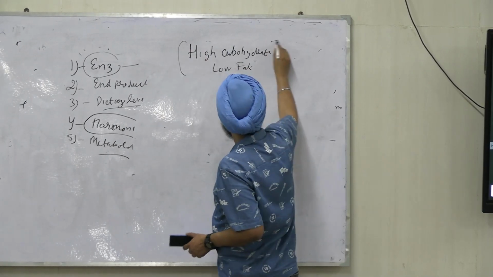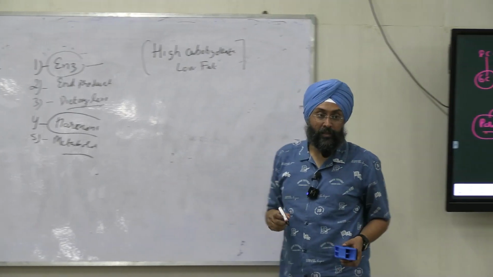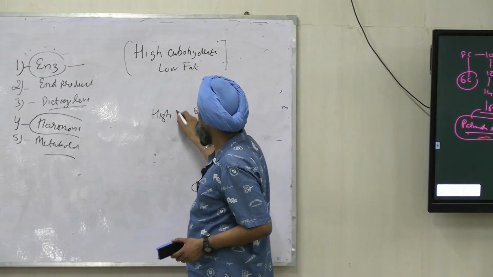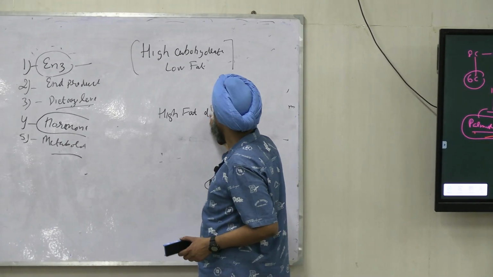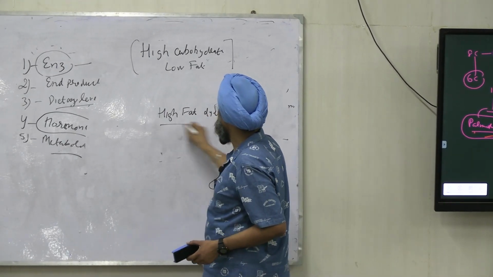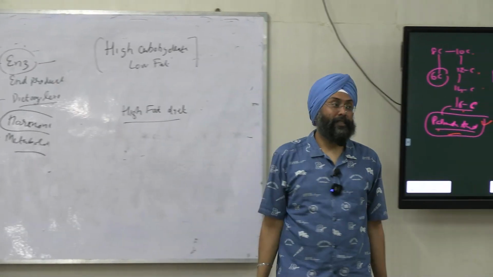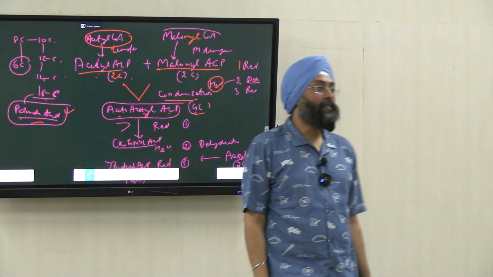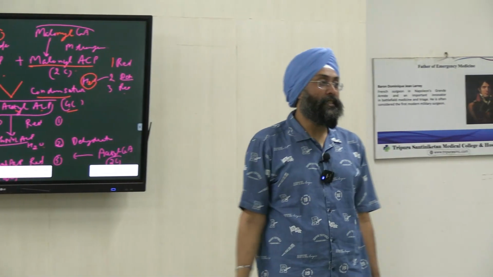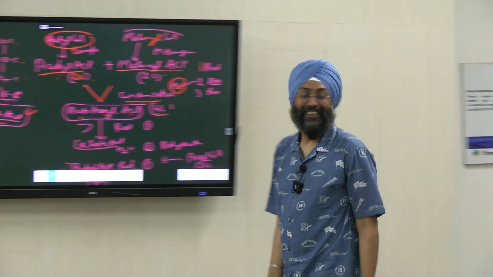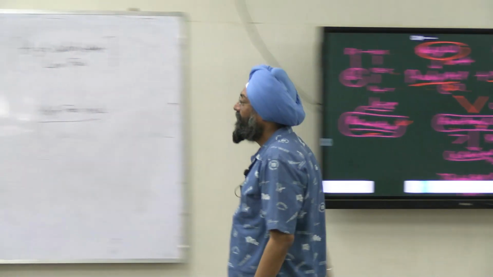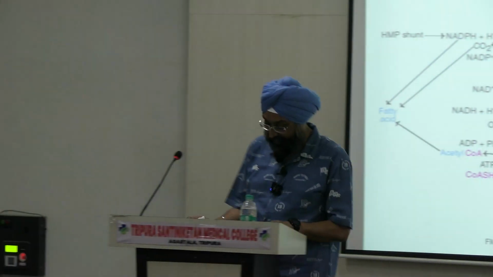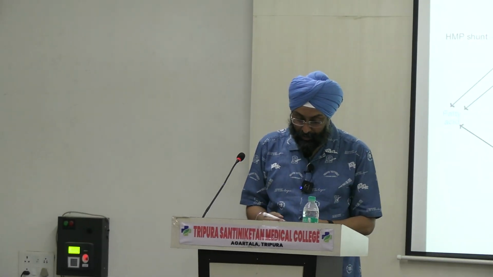You are eating more carbs and low fat. And one is a high fat diet. Tell me which will favor fatty acid synthesis and which will favor fatty acid breakdown. Any guesses? How will your body move?